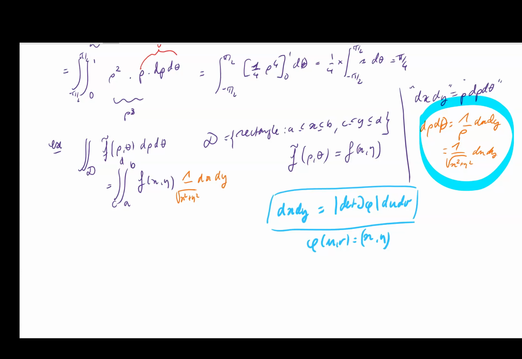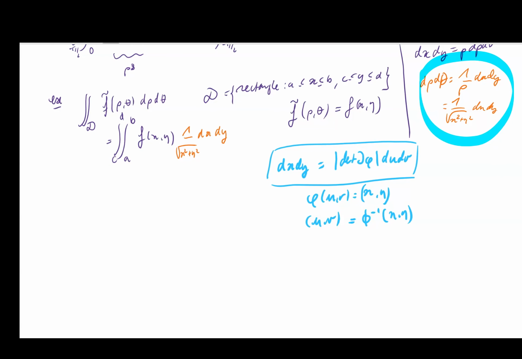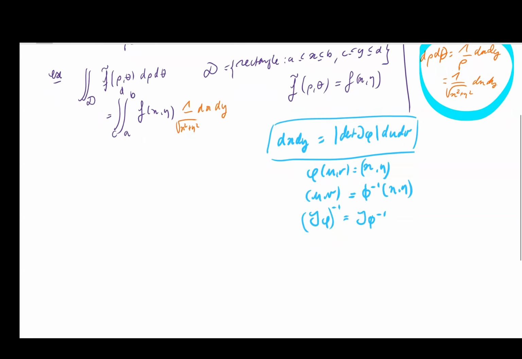It means the other way around, that u and v are given by phi minus 1 of x, y. Okay, and so you know that, and furthermore, you know that the Jacobian of phi, if you invert it, is going to be equal to the Jacobian of phi minus 1, and that also stands for the determinant.